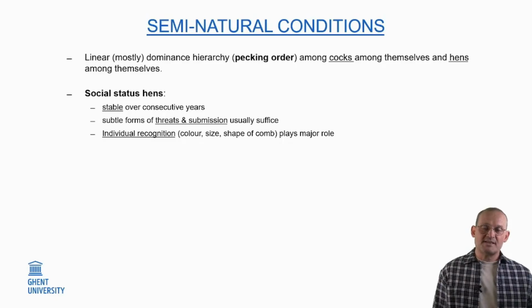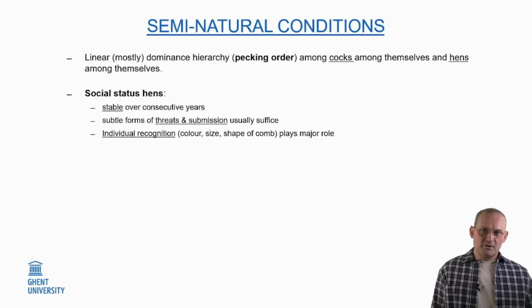And once it is established, it is very beneficial to the group, because only subtle forms of threats and submission suffice to resolve conflicts. And it is based on individual recognition, in which the color, the size and the shape of the comb plays a major and a very important role for this individual recognition.